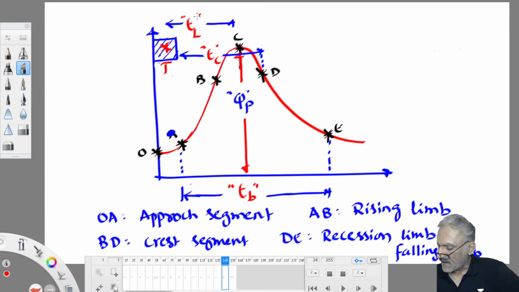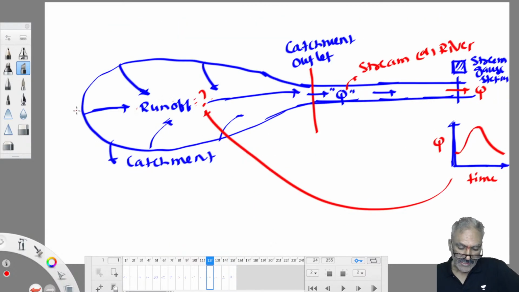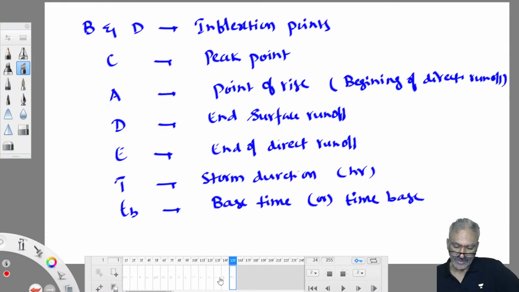Time taken by the runoff to reach the catchment outlet from the farthest point in the catchment, where exactly this runoff is measured. So this is the farthest point in the catchment. Time taken by the runoff to join this point from here to here. The total time taken by the runoff is called time of concentration. Okay? This TC is known as time of concentration.